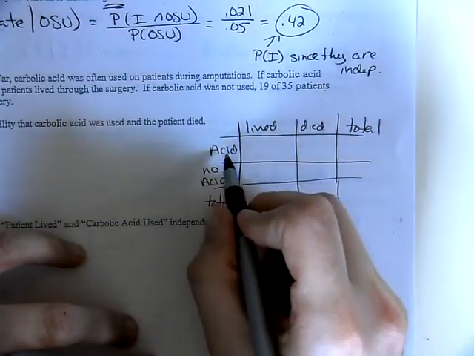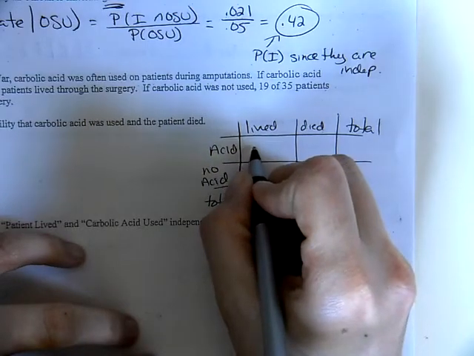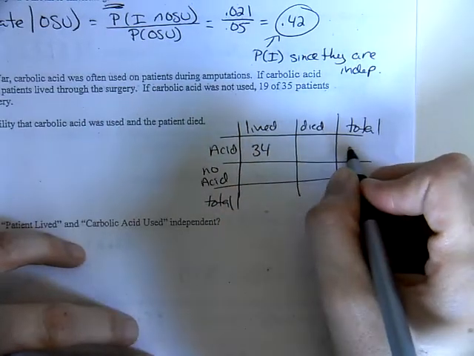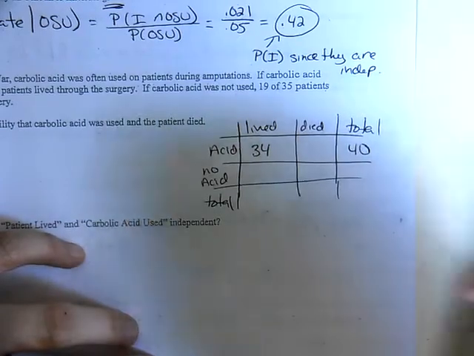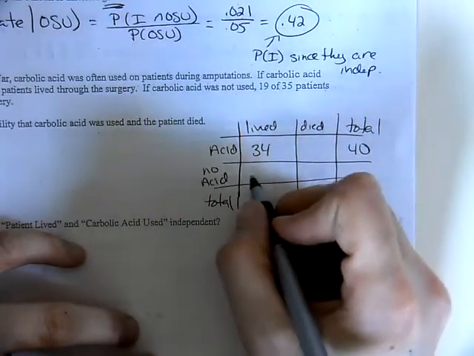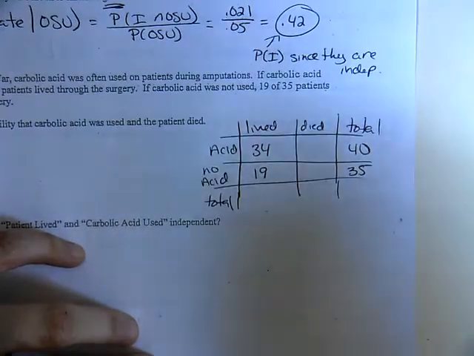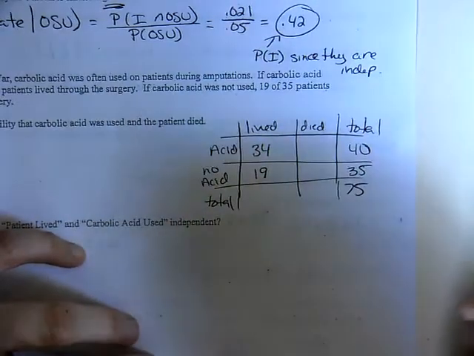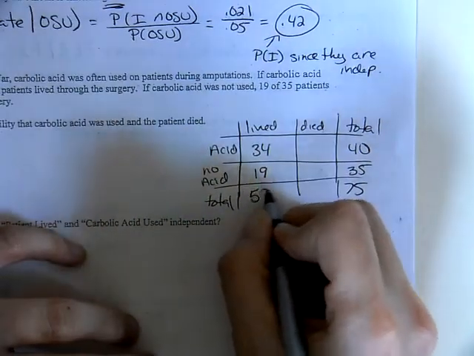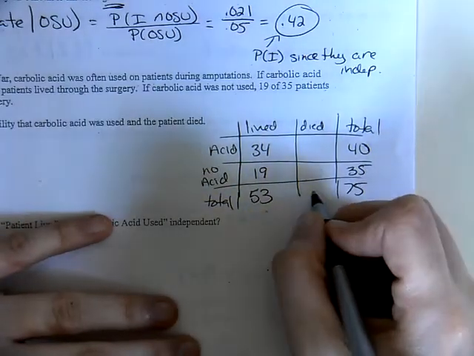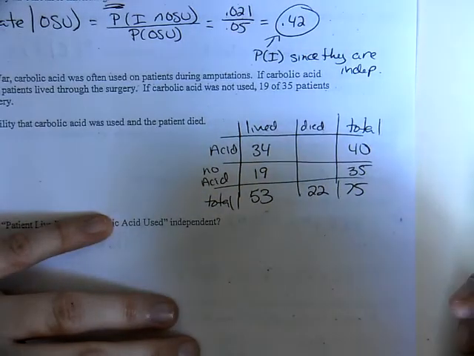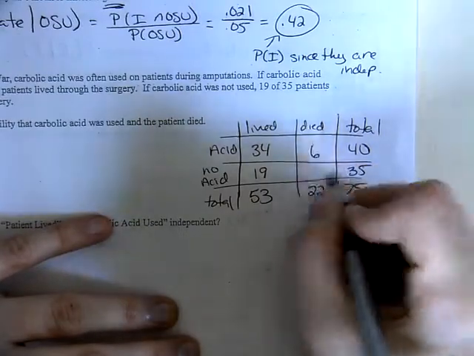So if the carbolic acid was used, 34 out of the 40 patients lived through the surgery. If it was not used, 19 out of the 35 patients lived. So we had 75 patients total. 53 lived. So 22 passed away. 16.